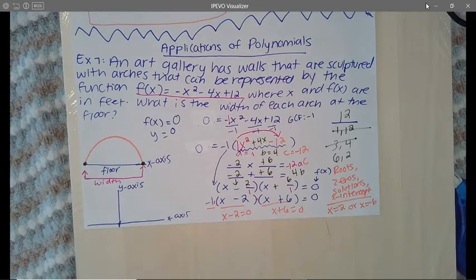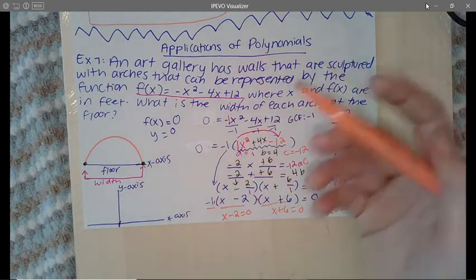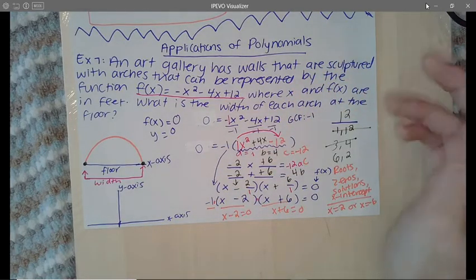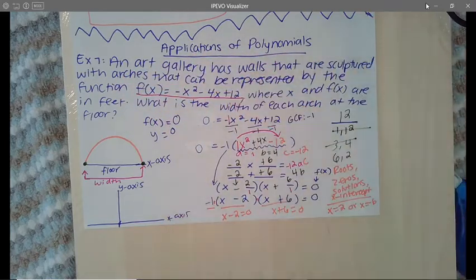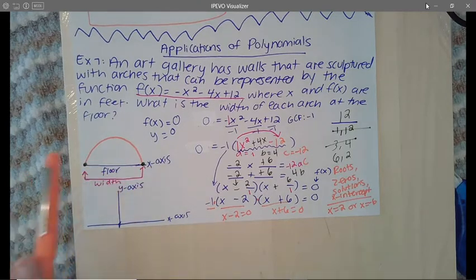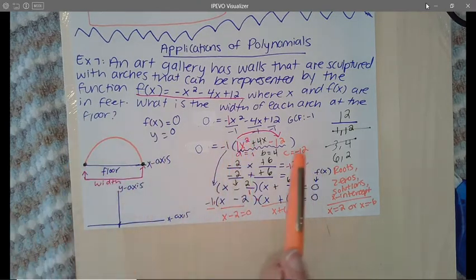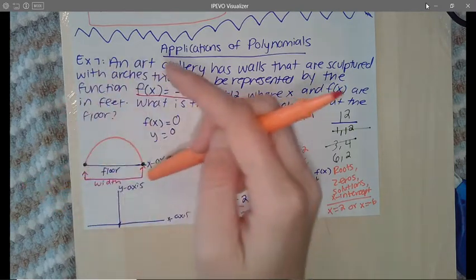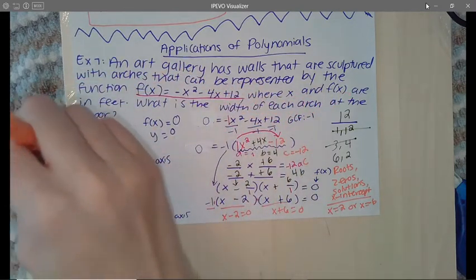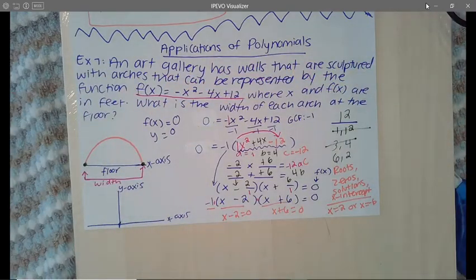But we are not done because the problem is not asking us just to solve for x. It wants to know what is the width of each arch at the floor. I want to know how far apart each endpoint of the arch is at the floor. Sorry, I don't think that made any sense. I want to know the distance between each point of the arch at the floor. That's what I meant to say.